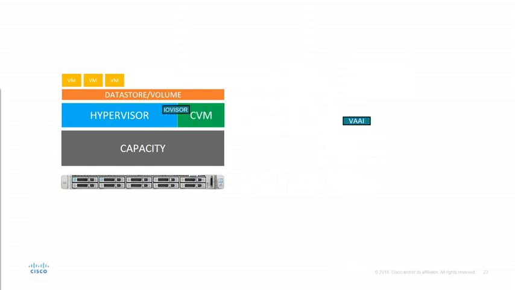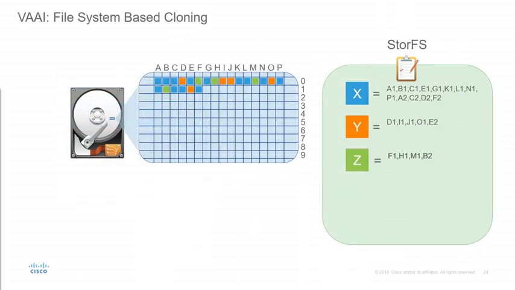VAAI is another software system that is utilized in both the CVM and the hypervisor. It is a vSphere functionality which allows direct file system operations to be performed on a data store. This system enables native storage-based snapshots and storage-based clones. Native operation for these functionalities increases their speed significantly, since it uses the StoreFS features like referencing information by pointers instead of relying on the hypervisor exclusively to perform the snapshots and cloning operations.